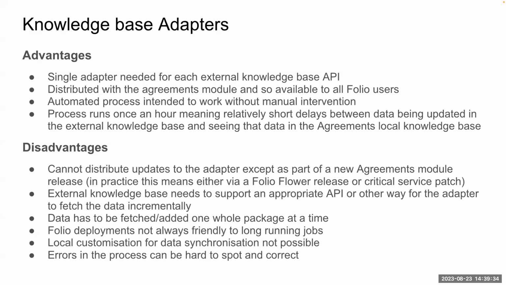However, the disadvantage is that we can't distribute updates to the adapter except as part of the FOLIO release. So the flip side of you all getting it is that if GOKb tomorrow decides, actually, we could make this really great improvement to our API, and we're going to do that next week, but it will change some stuff for you guys, is that okay?